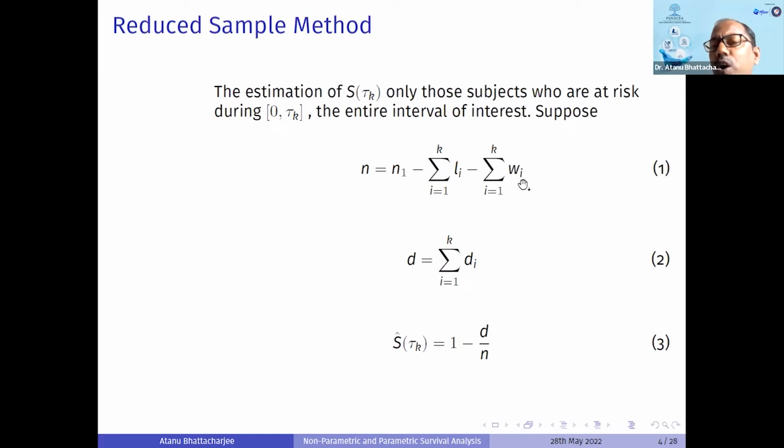That's why W_i happens here. That person can be subtracted immediately from the persons at risk. By default we call it a censor, but we can subtract it from here in N_i and bring down our sample size, and that's why it is called the reduced sample method.